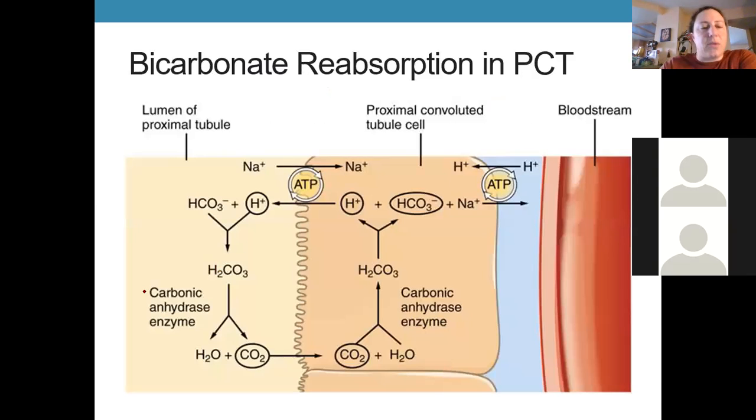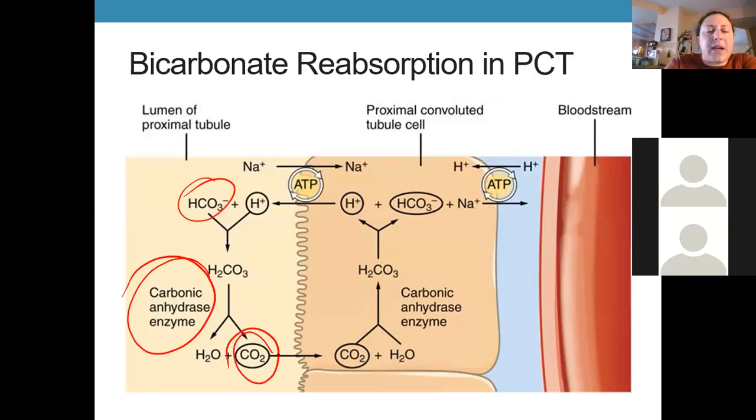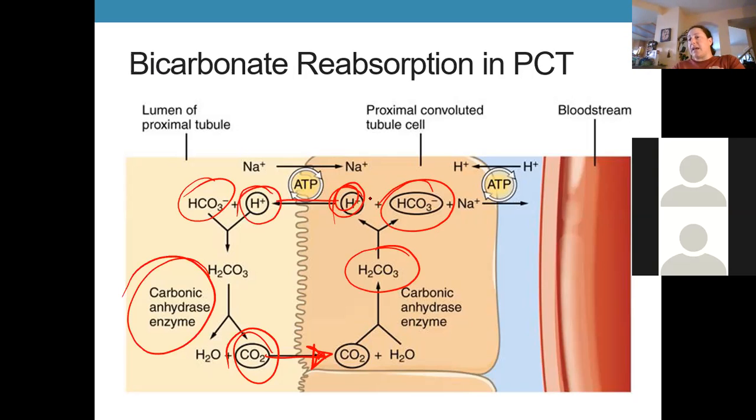So here's a diagram showing that. Carbonic anhydrase is going to convert the bicarb into carbon dioxide. Carbon dioxide is a small nonpolar molecule, so it freely diffuses down its concentration gradient, which is being maintained because we immediately convert it back into bicarbonate. And here is the hydrogen ion that we've been pumping across in the other diagram.